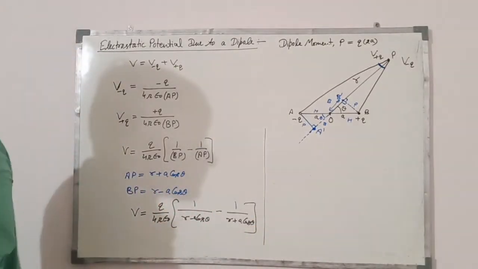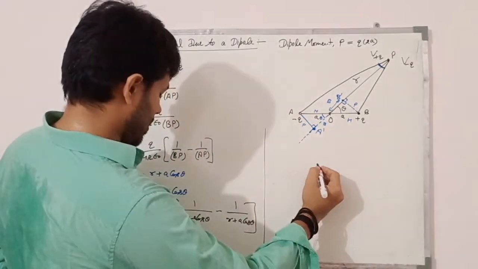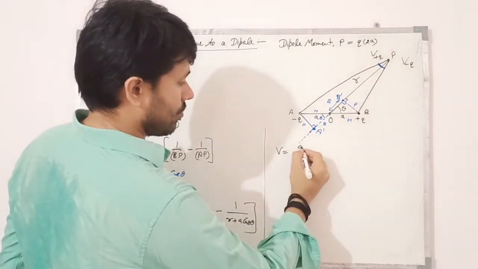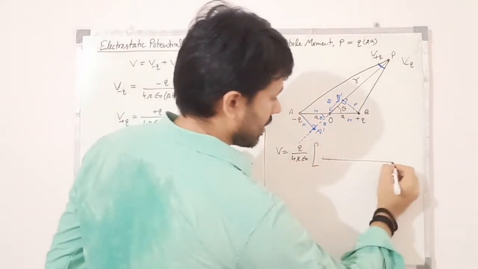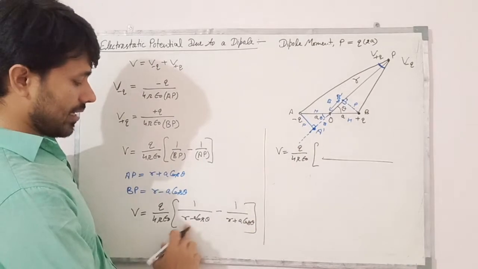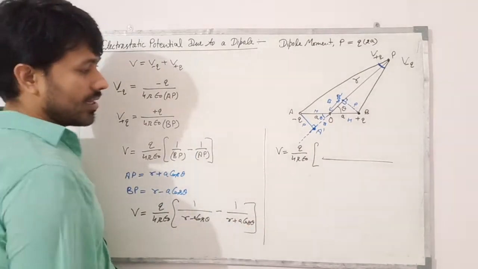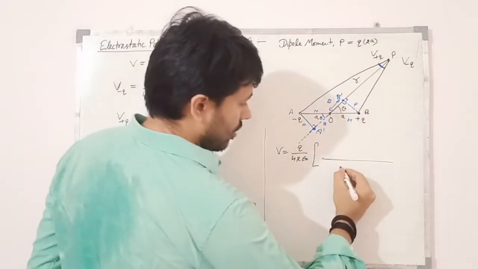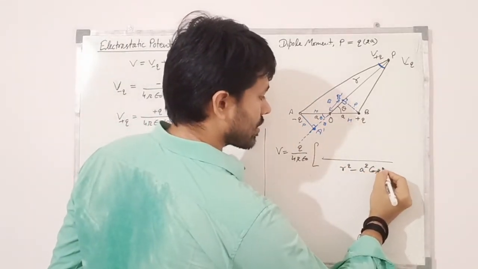Let's take LCM. What will the LCM be? V is equal to Q upon 4 pi epsilon naught as it is. The LCM will be the product of both, R plus A and R minus A, R square minus A square cos square theta.